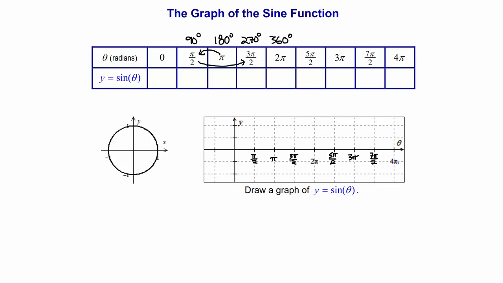Now on the y-axis, we'll want to give scale for the y values that we'll obtain, the outputs for the sine function. Since we're rotating around a unit circle and plucking off the y-coordinate, the largest value we'll be able to get is 1, and the smallest is -1.